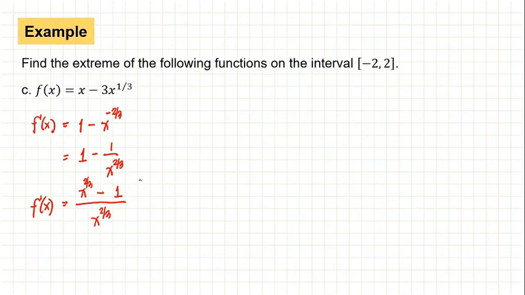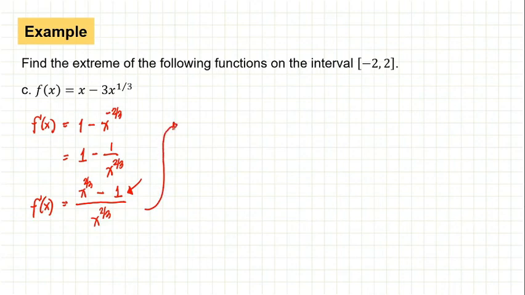So when the numerator is 0, this will become 0 because 0 divided by any number except 0 is 0, right? So therefore, we will consider the critical point when the derivative is 0. So, we will look at two things. What we're going to do, we will equate both the numerator and the denominator to 0.